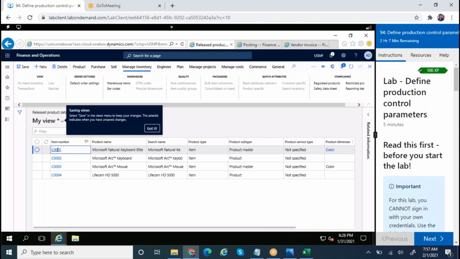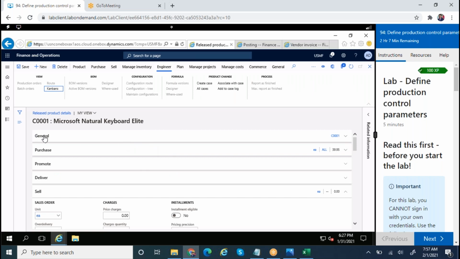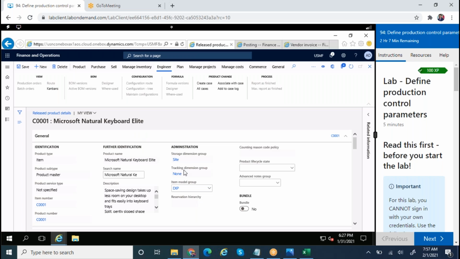If I go inside, the item is tagged with item model group. This item model group is non-stocked product.